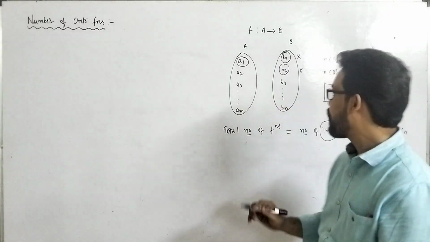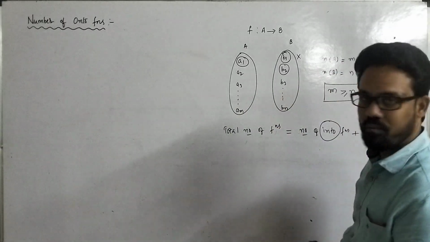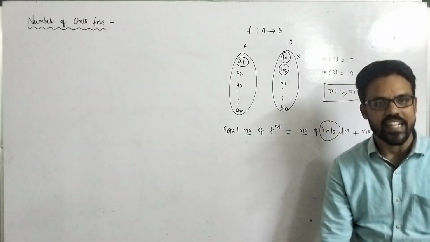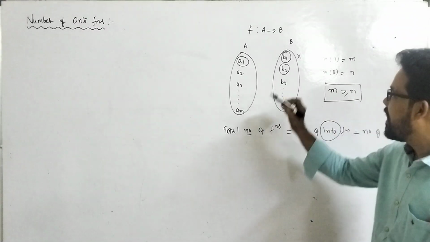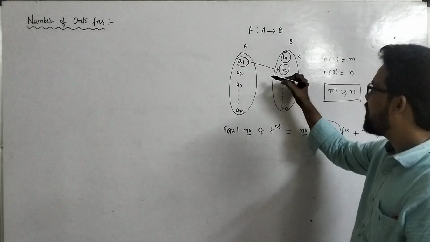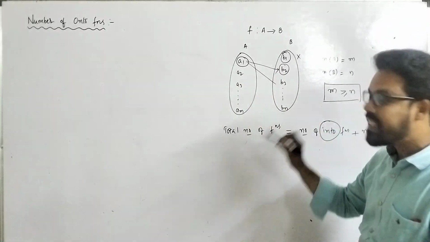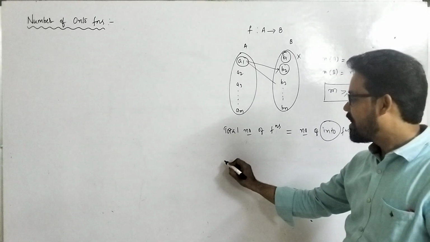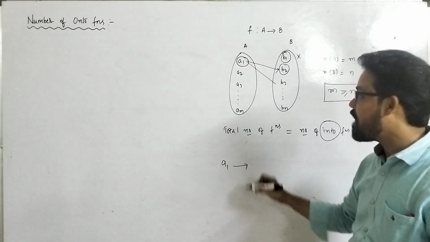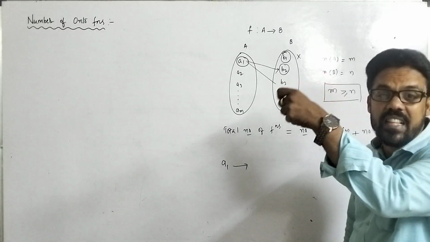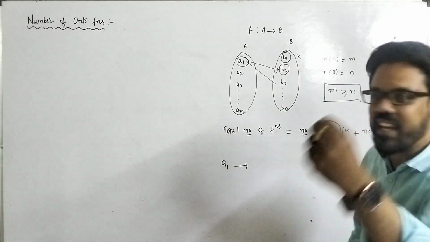For example, if B1 is not mapped with any one of the elements in set A, that means A1 can be mapped with either B2 or B3, so on. Therefore, A1 can be assigned to any one of the elements in set B in how many ways?